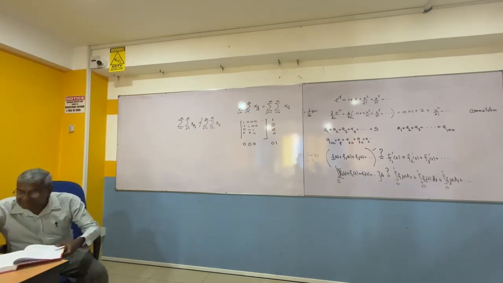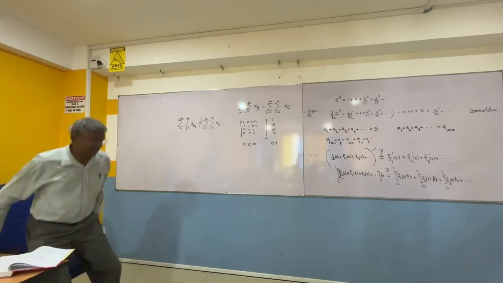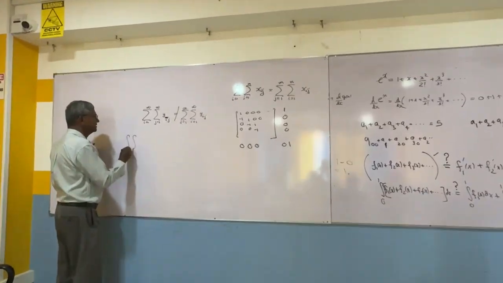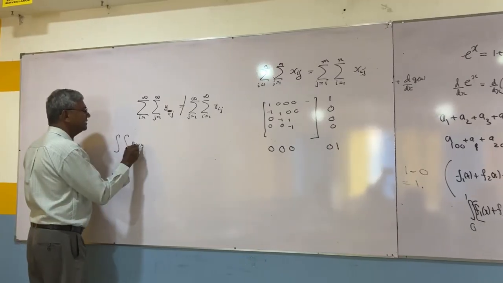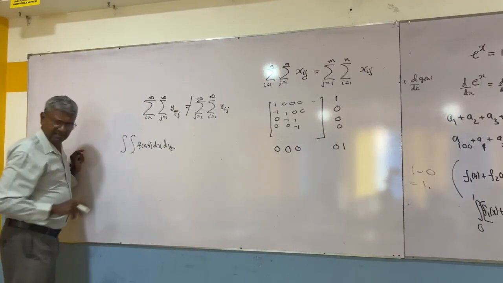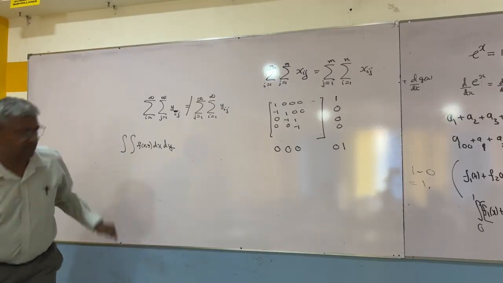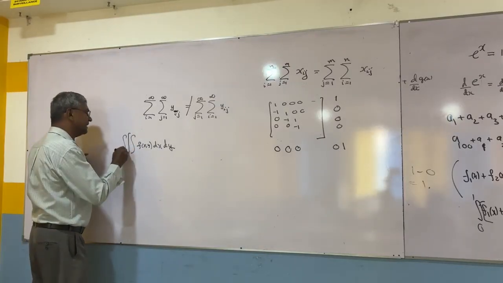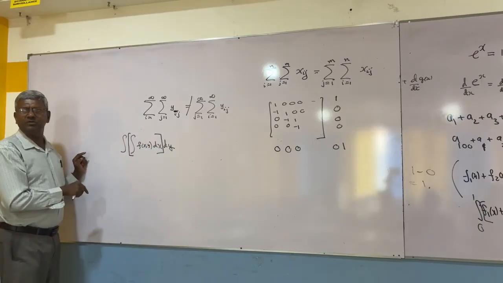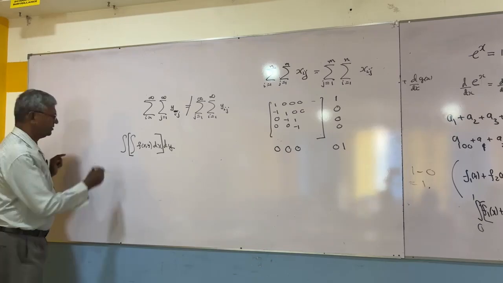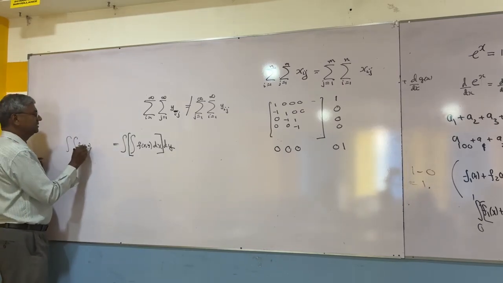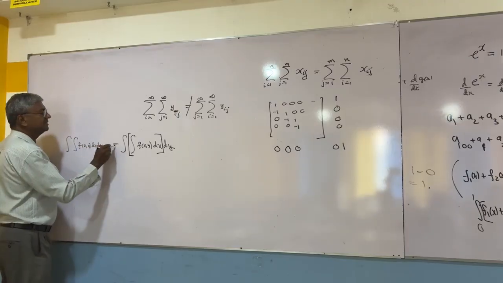Again, integrating: in A level you don't get double integrals, I guess. Say f(x,y) dx. When we write like this, he doesn't have limits. This means first you integrate with respect to x, then you integrate with respect to y. So f(x,y) dx dy.